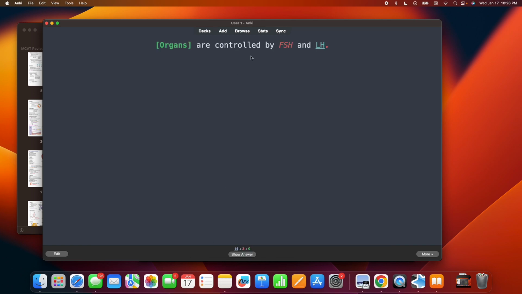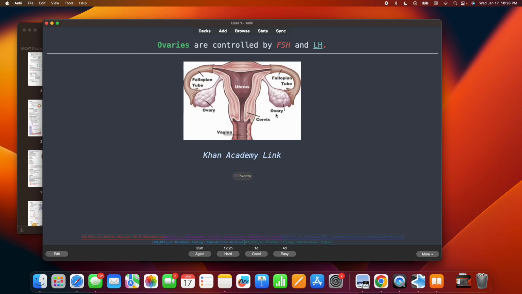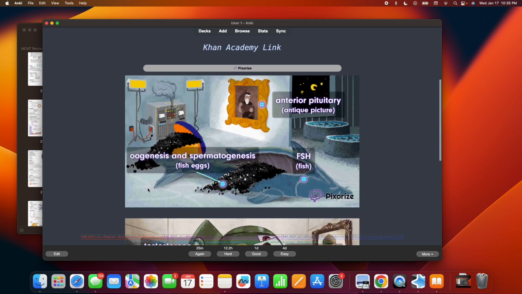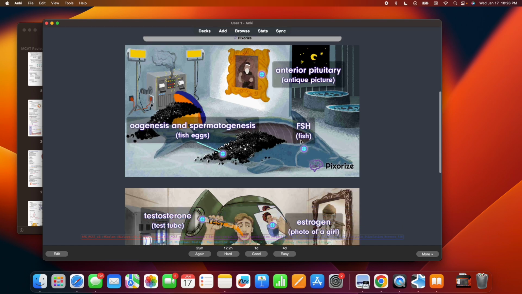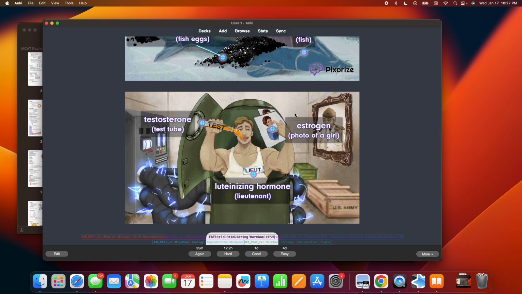What organs are controlled by FSH and LH? I think it's ovaries. So we have oogenesis and spermatogenesis. We have FSH, follicle stimulating hormone, from the anterior pituitary, acting on oocytes. Then we have testosterone, estrogen.